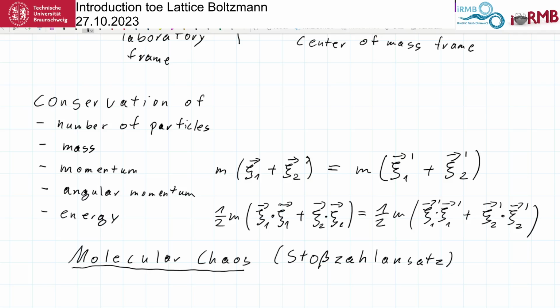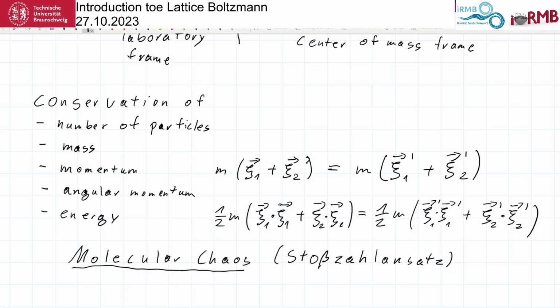And even though I'm running a little bit out of time, there is one very important thing to get out of this. By taking the Stoßzahlansatz, we disregard how this collision actually came about. So we only count them.